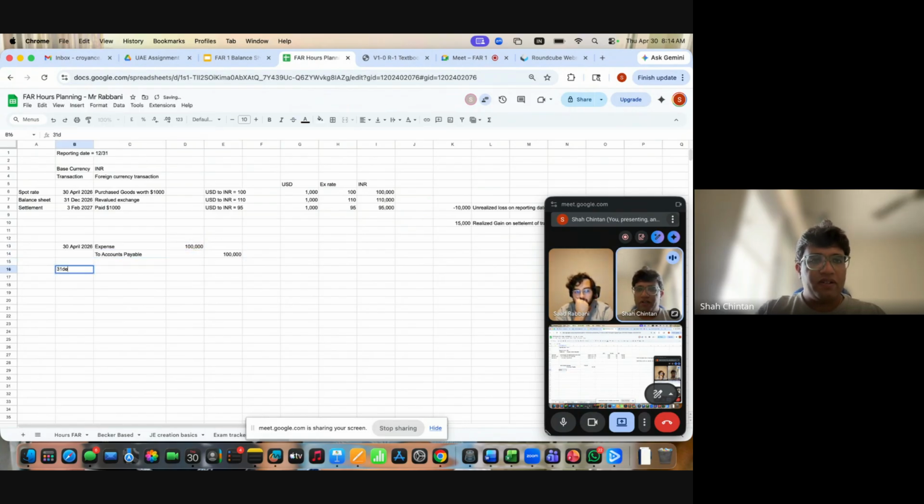Now on 31st of December, I did not settle the amount, but my liability increased to 1 lakh 10,000. So my accounts payable increased by 10,000. This 10,000 is my unrealized loss on foreign exchange. And then on 3rd February 2027, I actually paid out my accounts payable.